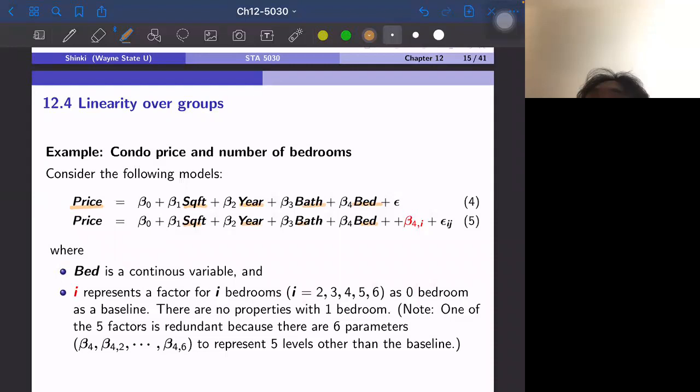Sometimes a 2-bedroom apartment is probably more expensive than a 1-bedroom apartment, but if the number of bedrooms is 6 or 7, that probably does not really matter. So we still include the number of bedrooms here, but we also include the indicator variable, and then we see if this is significant or not.